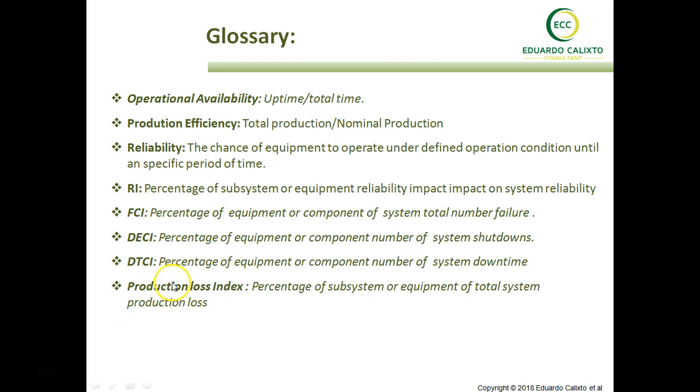Okay, and the downtime critical index is related to the time of shutdown. Sometimes you have equipment responsible for the highest number of downtime events, as a percentage of the system's downtime events. But when you look at the downtime unavailability, it can be other equipment, because of the repair time related to each piece of equipment. Each component has a different repair time.